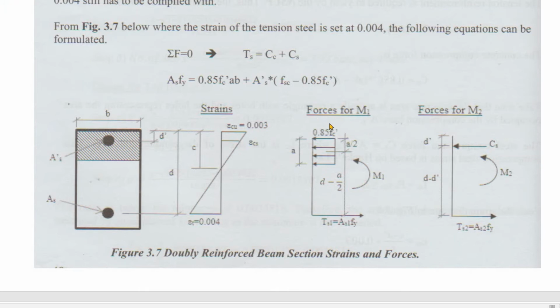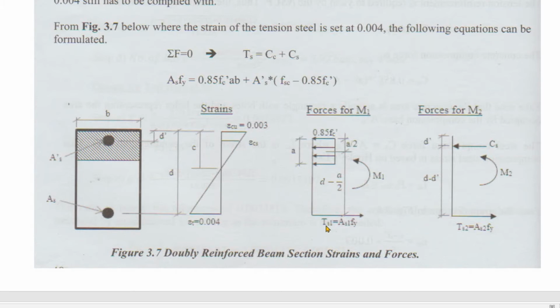And then we have here two forces. Ito yung SRB. Take note, meron tayong rectangular block and then yung centroid niyang rectangular block na yan yung C sub C. Ito yung singly reinforced beam part.